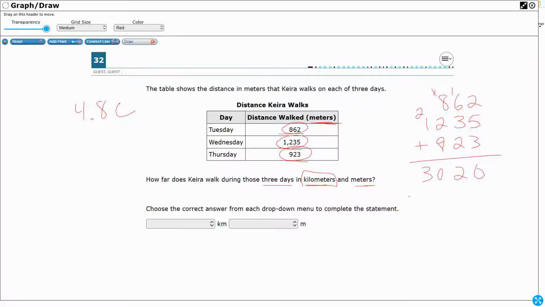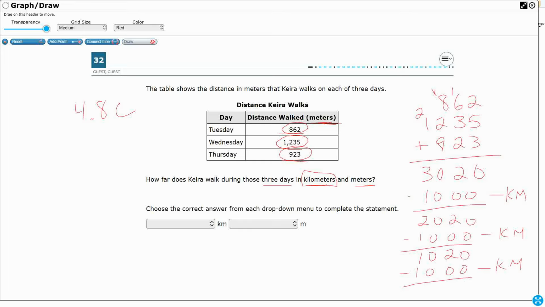So if I take out 1,000 of these, now I've got 2,020, and this is a kilometer. I'm going to take out 1,000 here, rename it as a kilometer. I'm left with 1,020. Take out my final 1,000, rename that as a kilometer, and I'm left with 20.